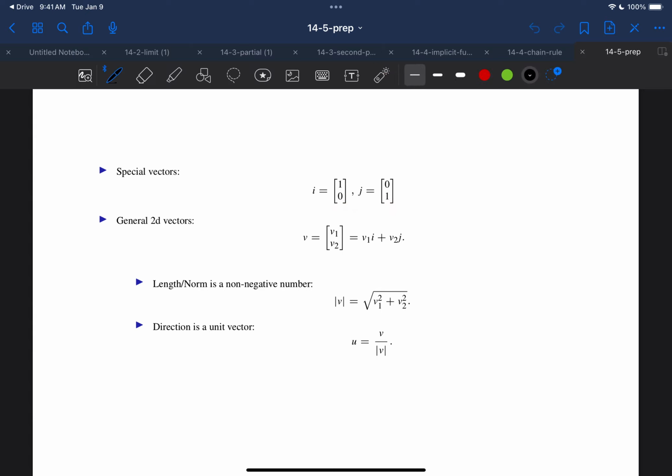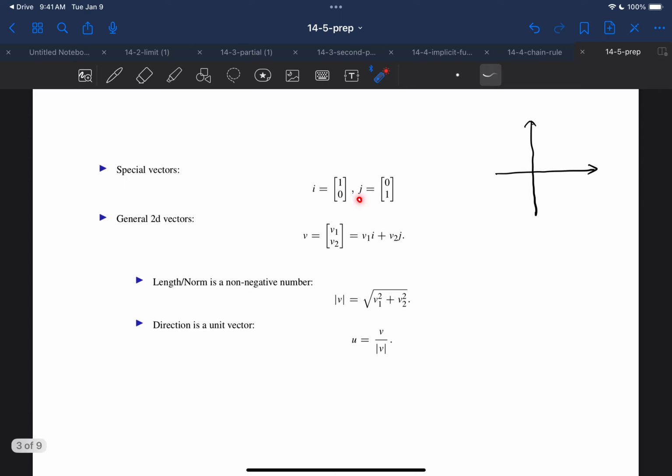To get some image for 2D vectors, we can map them into the xy plane. Suppose (1, 0) is given the name i, and j stands for the other vector, which is (0, 1). Both are very important and fundamental for 2D vectors.